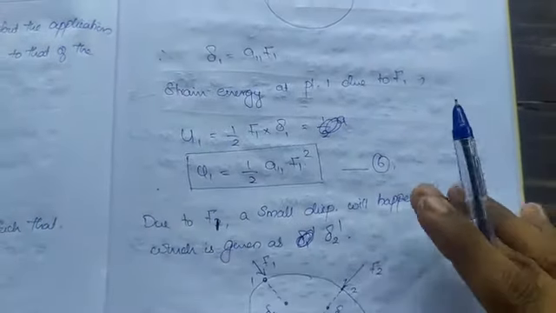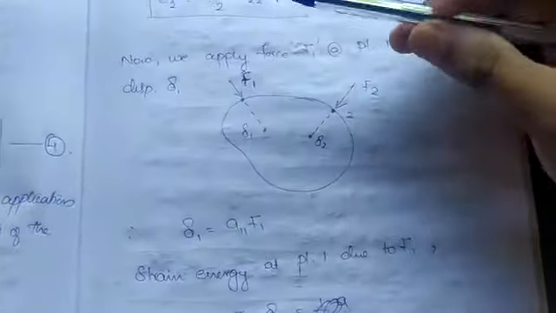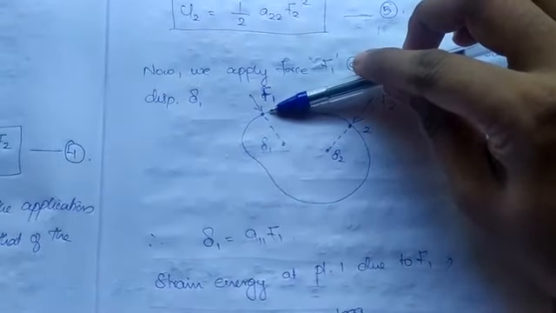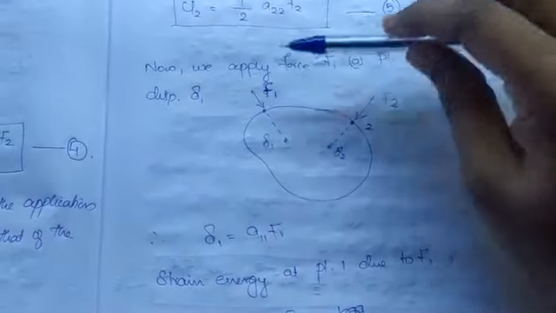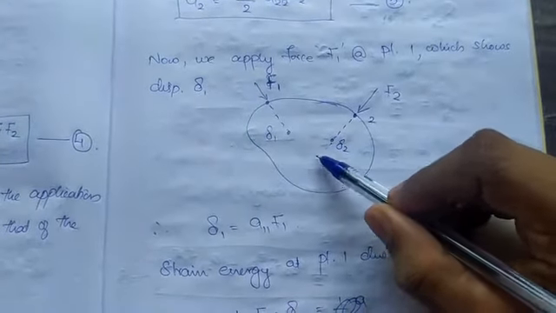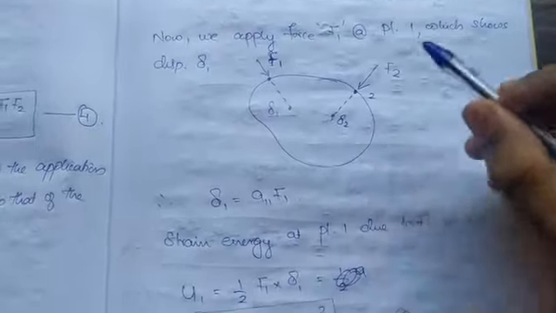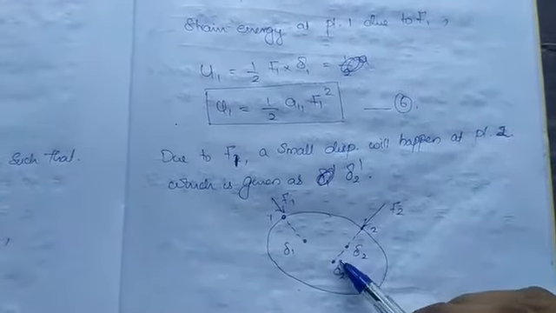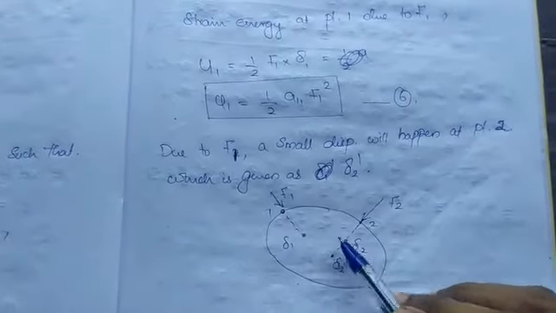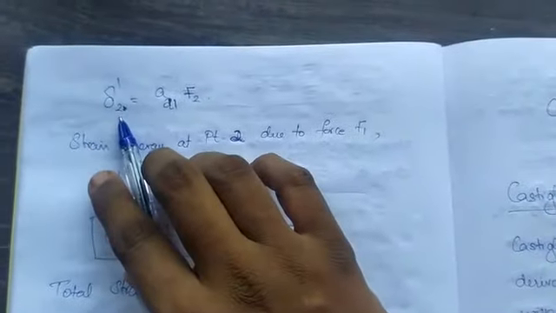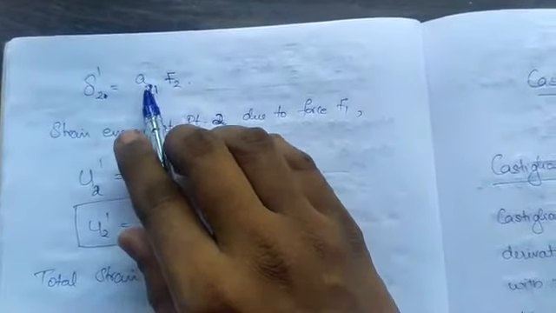Now what happens here? Due to the force application at point 1, that is force F1, again there will be a small displacement delta 2 dash at point 2. Delta 2 dash will happen at point 2 due to this force F1. Then we write delta 2 dash is equal to A21 F1.